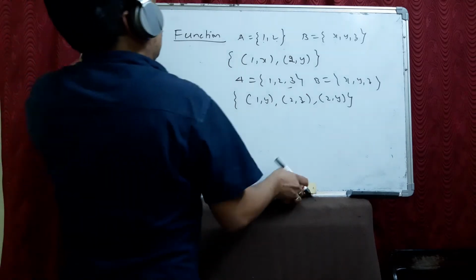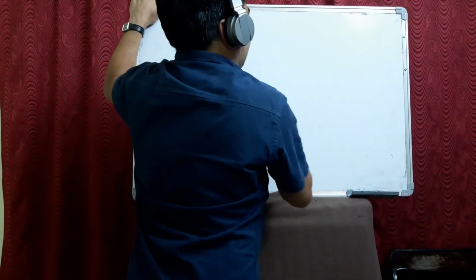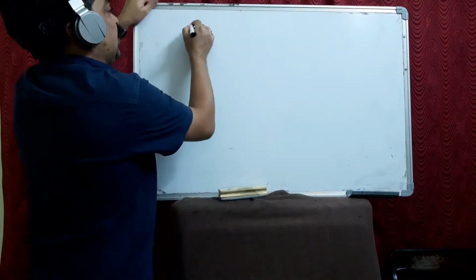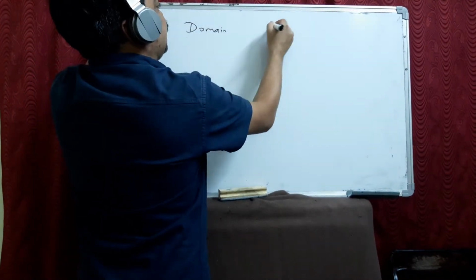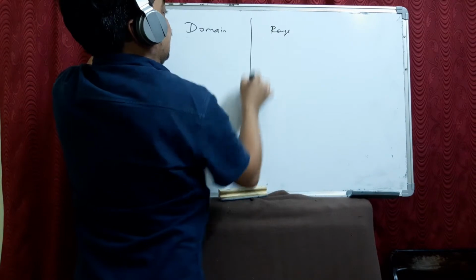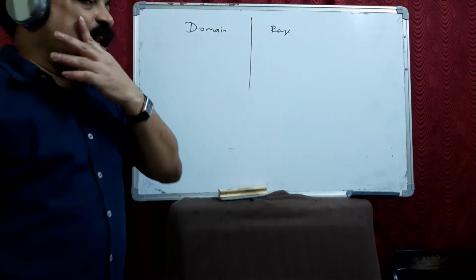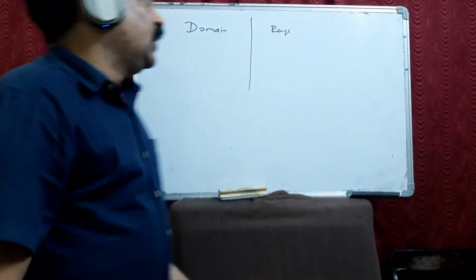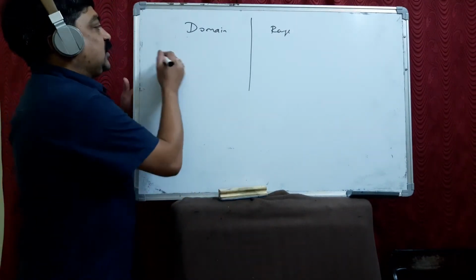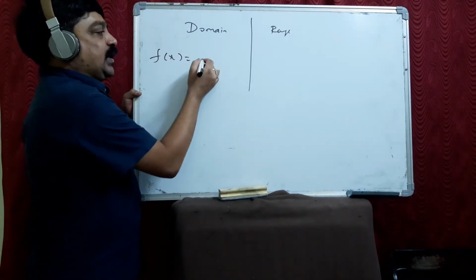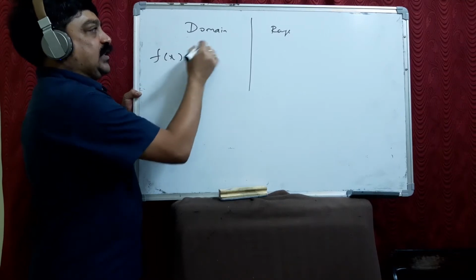Now, before entering into the exercise, I will tell you about the domain and range if algebraic expressions are given. What is the domain and what is the range? I'll tell you. How to find the range also I'll tell you. Domain means, suppose the function is given as an algebraic expression, something like f(x) = x.